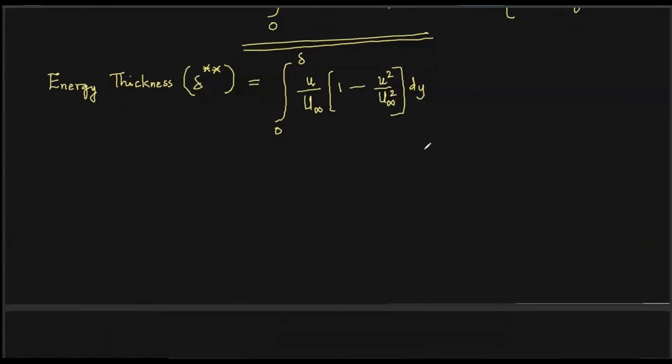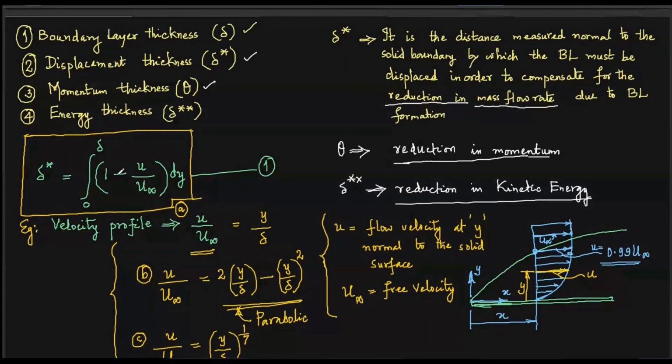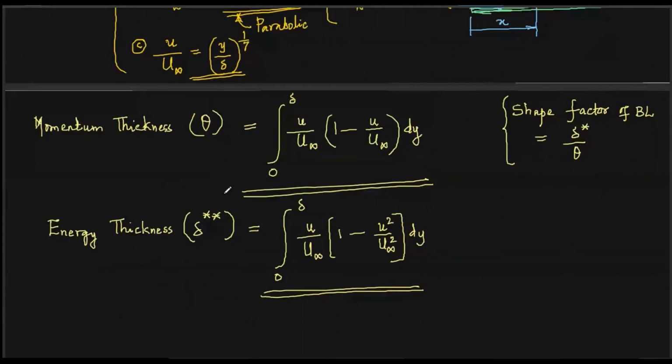If you consider these three relations, you can easily remember them. The very first one, the displacement thickness, is integral 0 to delta of 1 minus u by u infinity into dy. For the momentum thickness, you have 1 minus u by u infinity, and outside the bracket you multiply that term by u by u infinity.